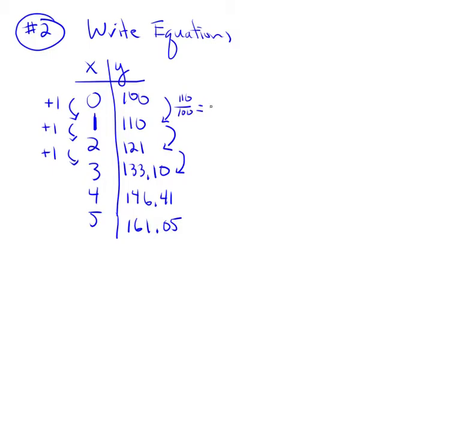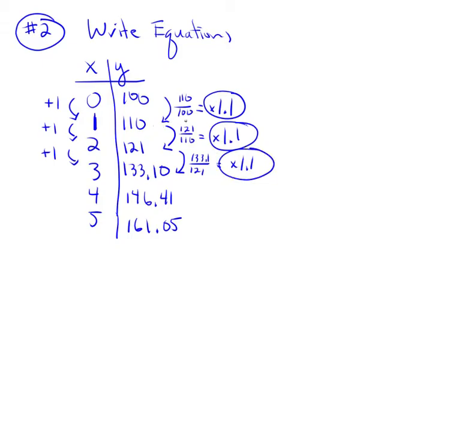And when we do that, we get a multiplier of 1.1. If we do that for the next one, 121 divided by the previous one, we get times 1.1. And if we do that for the third one, when we type that into the calculator, we get 1.1. Notice that I put a times in front of that because that's our multiplier.